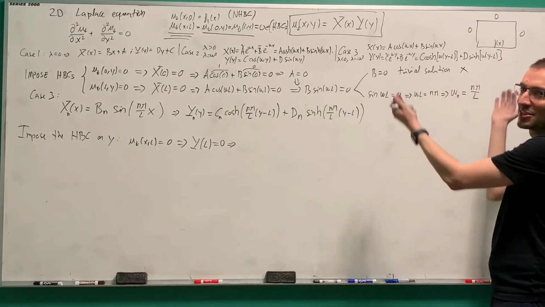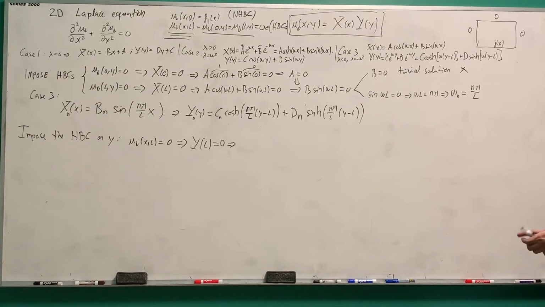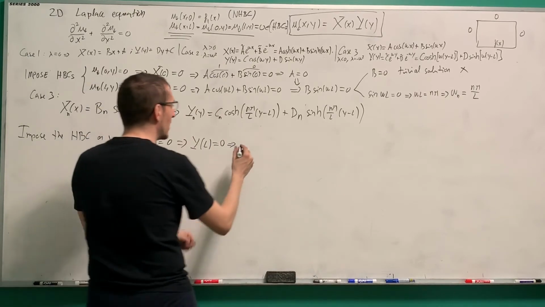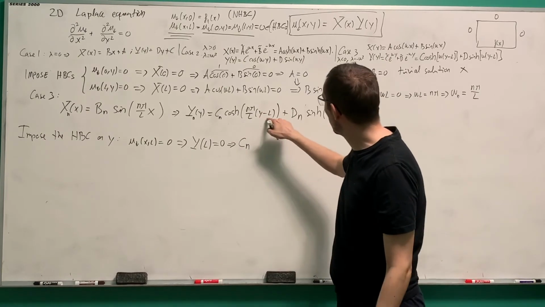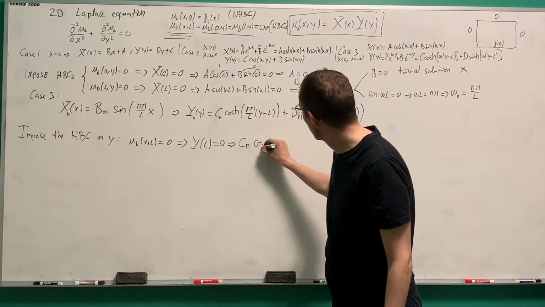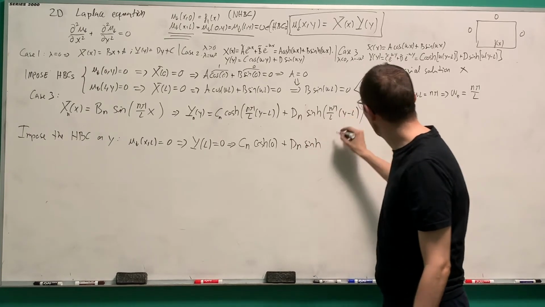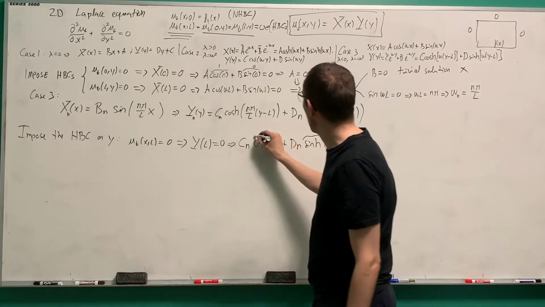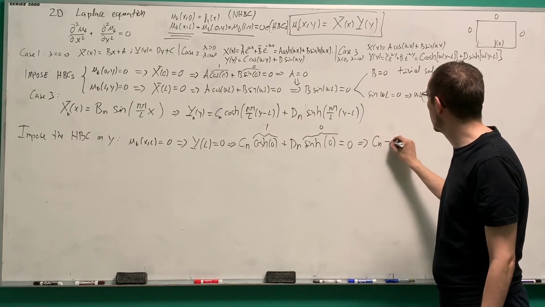It's actually pretty easy. It's the translational invariance of the problem. You can translate the problem and nothing happens. Anyway, so let's impose these boundary conditions now. So if we impose the boundary condition on y, we get that Cn cosh of y minus L is 0, so cosh of 0 plus dn sinh of 0 equals 0, and we know the sinh of 0 is 0 and the cosh of 0 is 1, and that is telling me that all the Cn's are 0.